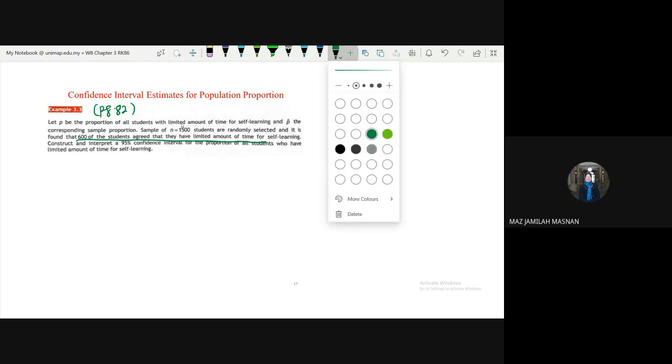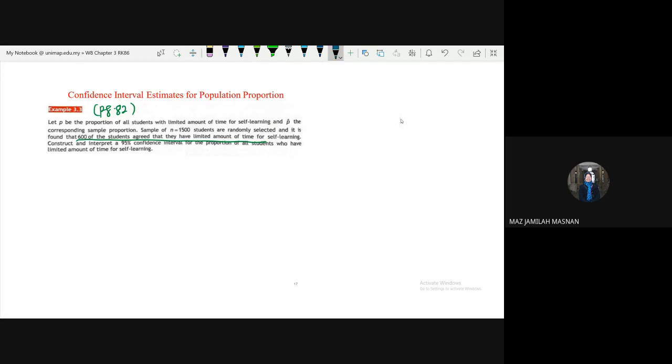So take out all the information given in your question. The first one is n equals 1500. The x is 600. The p will be referring to the proportion of all students with limited amount of time for self-learning.